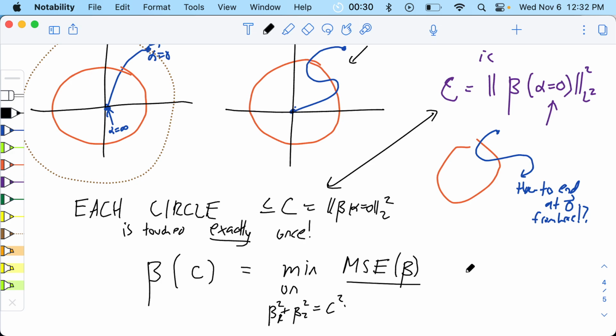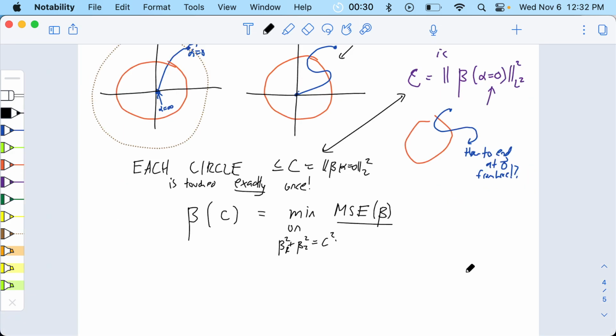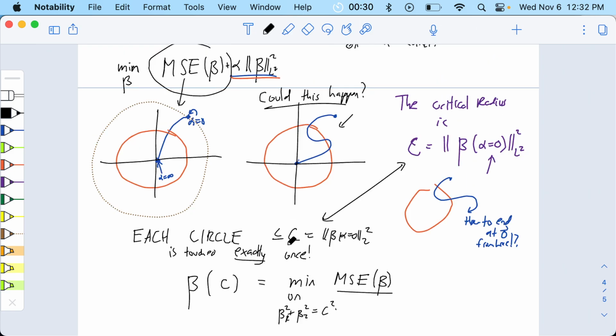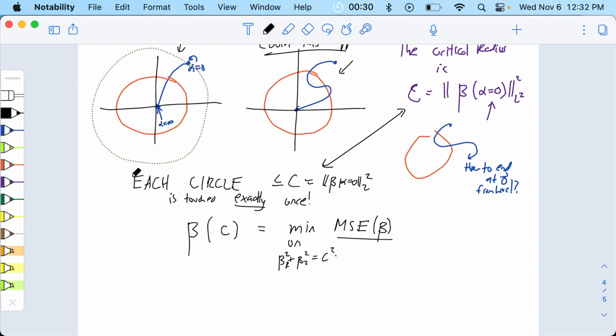So it's a very simple thing. If you understand what's going on here, the whole overall curve is minimizing this thing with a penalty term. And I'm saying look at all of the points where the penalty term is equal to c squared. So if you're saying on the circle c, so this is where beta 1 squared plus beta 2 squared equals c squared, what are we minimizing?